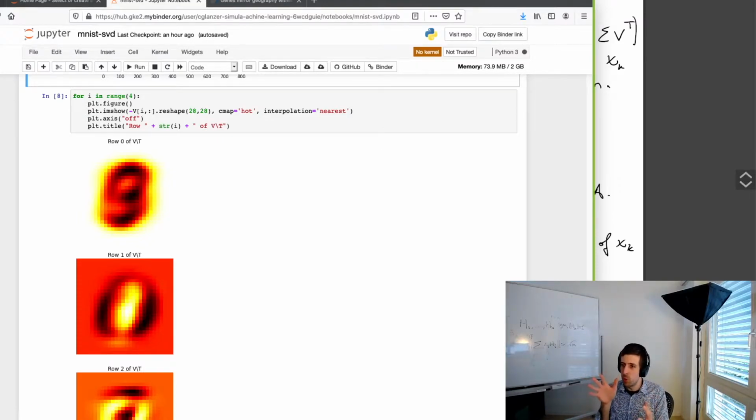So you have all your numbers, all your pictures, and these are the basis elements of the vector space of dimension 5 on which you're projecting all of them. And they explain most of the variance. In machine learning, people sometimes call these features, and they try to view features. So this is, I think, the interpretation.